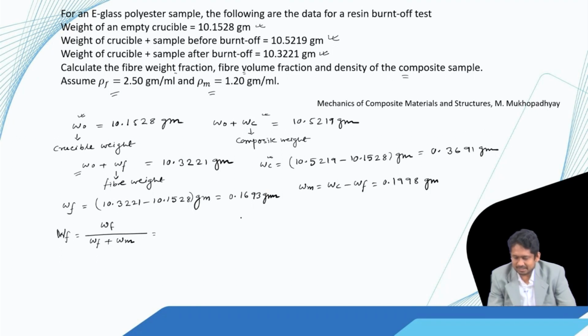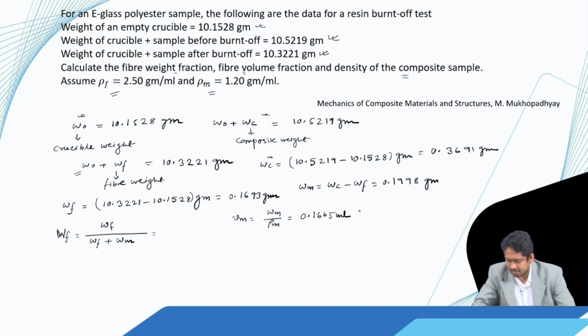To find out the volume fraction, I need the volumes. So, we have been given the density and the weight we have calculated. So, we can find out the volumes also. Volume of matrix can be found out as weight of the matrix divided by the density of the matrix, and that is found to be 0.1665 milliliter.